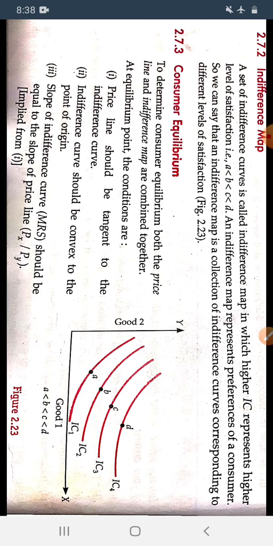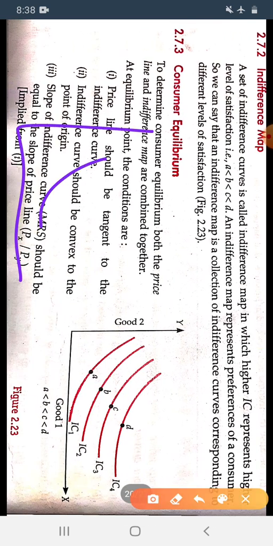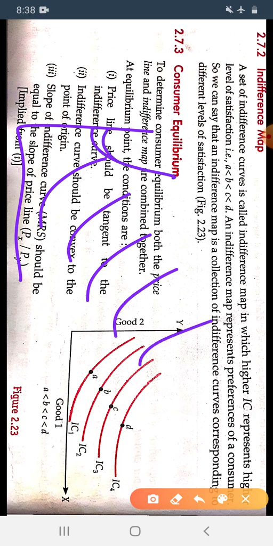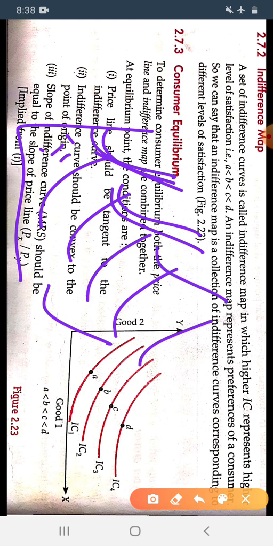Different levels of satisfaction means IC1 shows a different level of satisfaction, IC2 shows a different level, IC3 shows a different level, IC4 shows a different level, and the last, IC5, shows a different level of satisfaction.